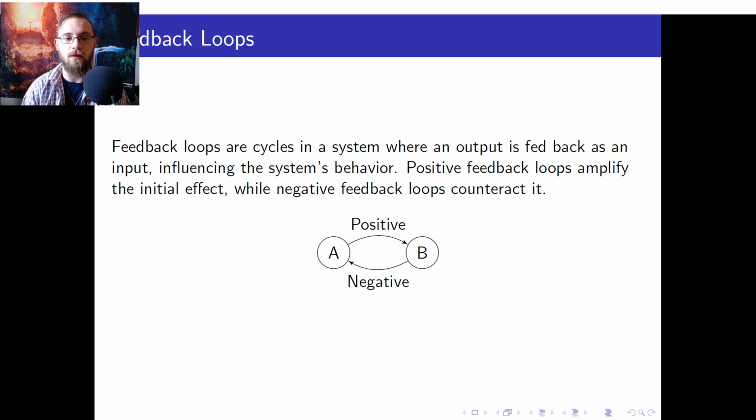An example is the concept of checks and balances in a constitutional republic, a form of negative feedback that's designed to prevent any single branch from gaining too much power or destabilizing the system. So an executive order comes out, people aren't really big fans of it. Then it goes to the Supreme Court.